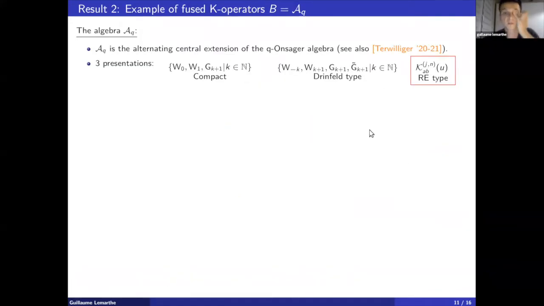So before giving the fused K operators, we need to define what is this algebra Aq. So it is the alternating central extension of the q-Onsager algebra, and it has three representations. The first one is called the compact. The second one is the Grinberg type, and the third one is the reflection equation type. And it is this one we will be interested in.